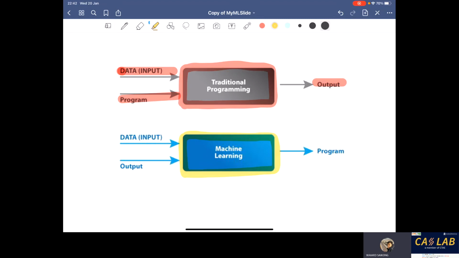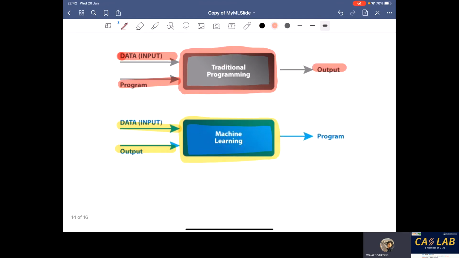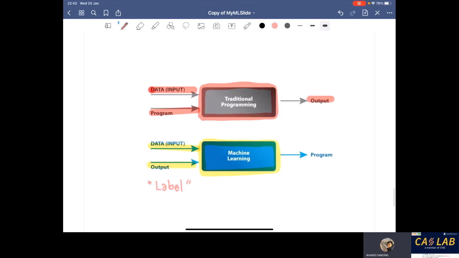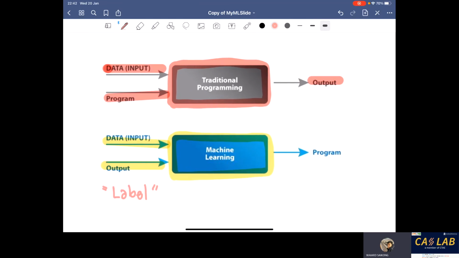Now, the machine learning algorithm: we input the data like this, and we input the correct output data, or our answer, or our label, to the machine learning, and the machine learning gives us the program, or we may call it the hypothesis function.